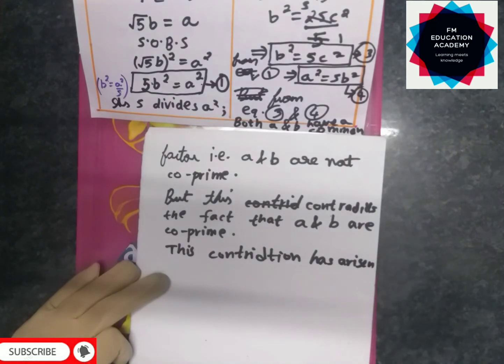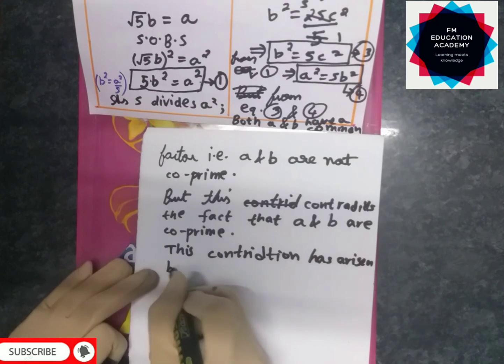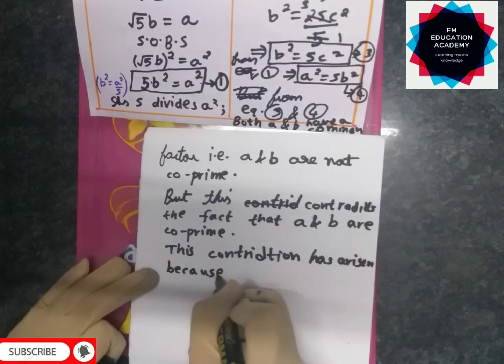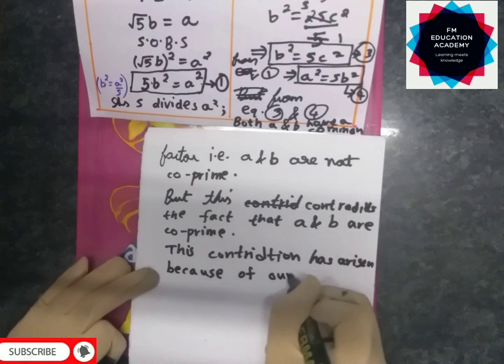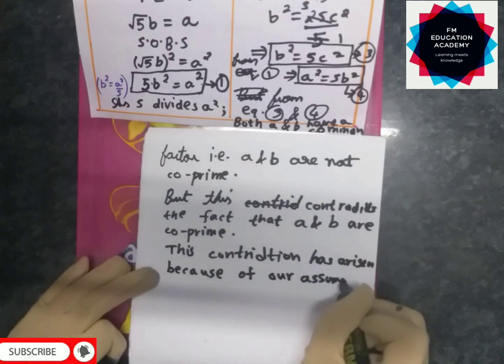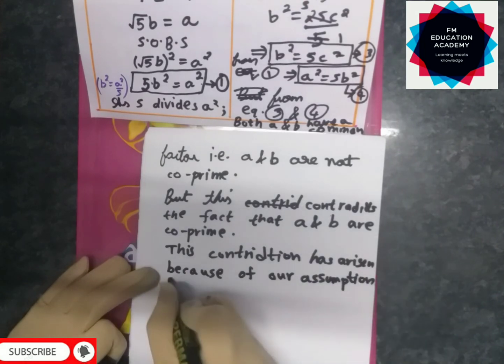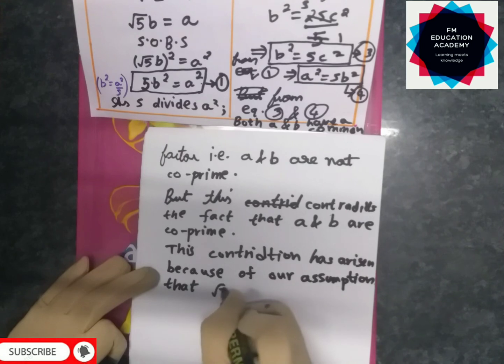Since it is rational, we have assumed that a and b are co-prime, because that is a condition of rational numbers. So this contradiction has arisen because of our assumption that root 5 is rational.